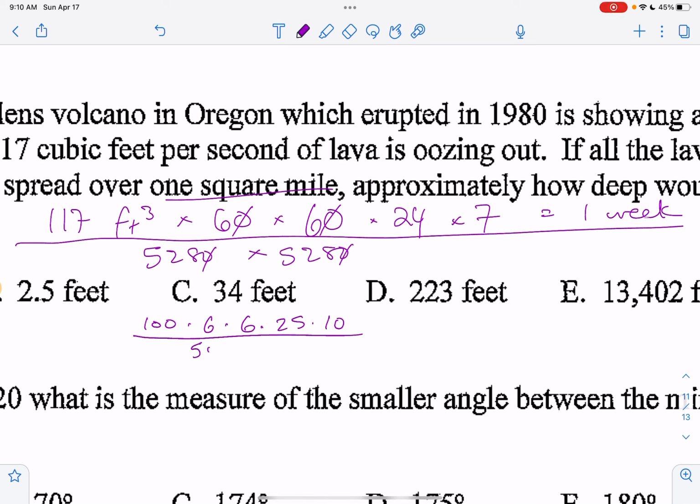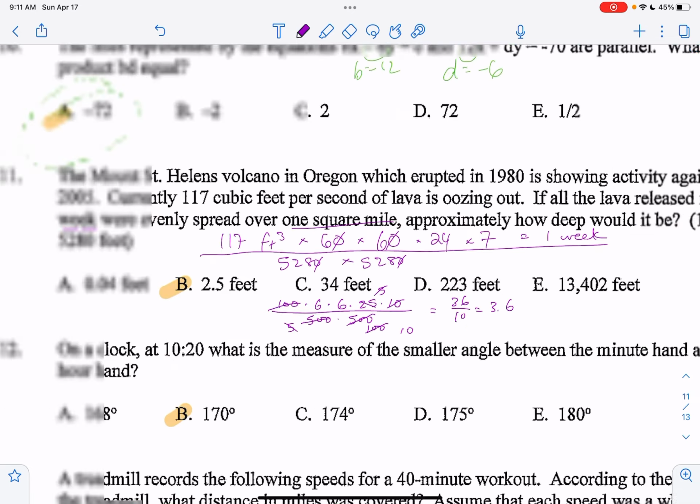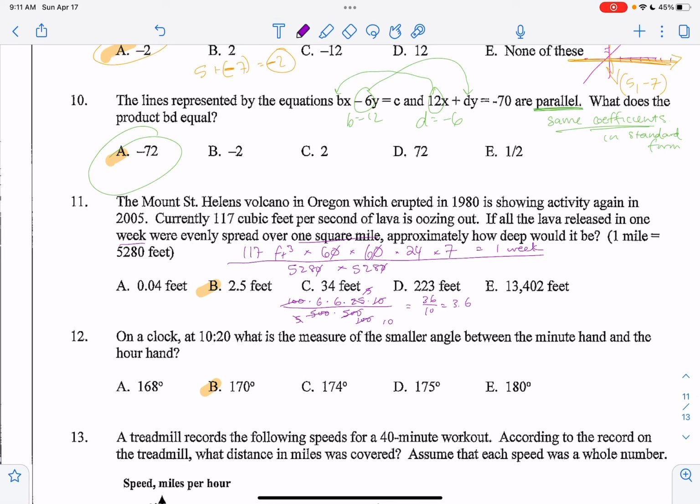This would be 500 times 500. Have the 5 here, 5 cancels out with the 25 to form this 5. And 5 cancels out with this 500, get 100, 100 into 10, you get 10. So this would be 36 over 10, or about 3.6. So it's somewhere between 1 and 10, and choice B is the only one that's in between there. So when you estimate, you get about 3.6, and choice B is the closest to that.